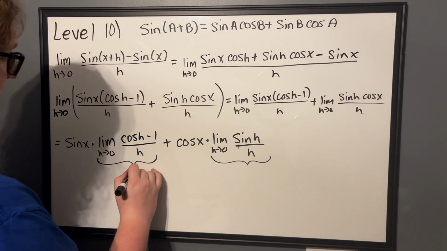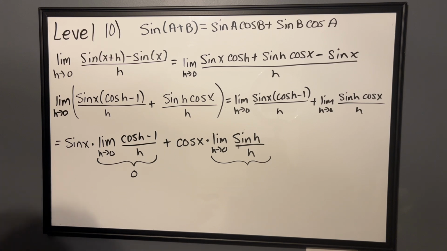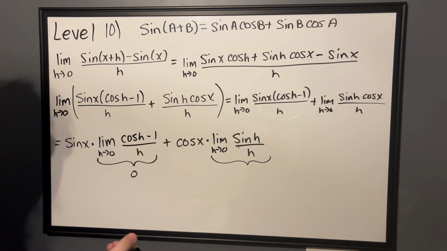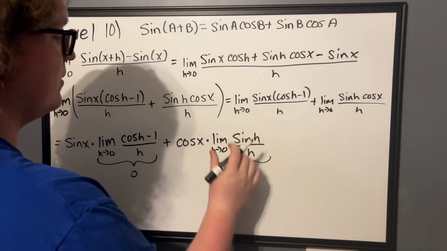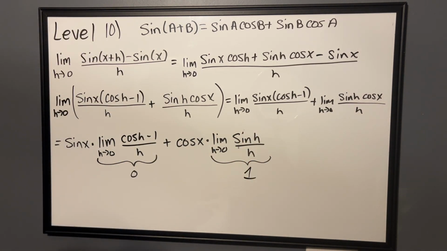This limit actually evaluates to 0. And sine h over h, as h goes to 0, you might learn when you're doing limits. We actually use this to define the derivative of sine and cosine. That's why I'm not really able to do anything else with this for this video. But this one is actually defined as 1. Like I said, these can be proven, but we're just going to have to take it for granted today.